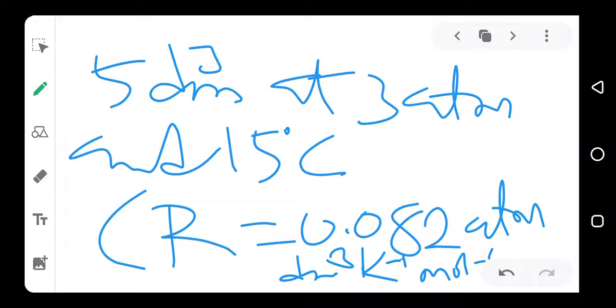Pressure is measured in atm. This is one of the units for measuring pressure. So when we see atm, we know that we are talking about pressure. So the pressure given to us is 3 atm and volume is 5. Then temperature is 15 degrees Celsius. Then we have the gas constant.